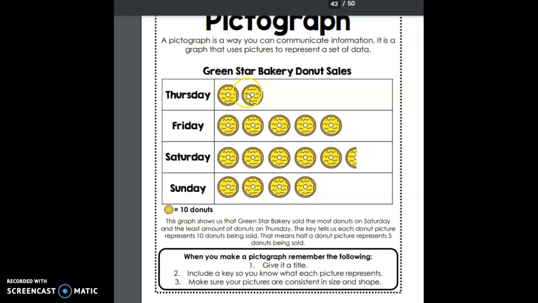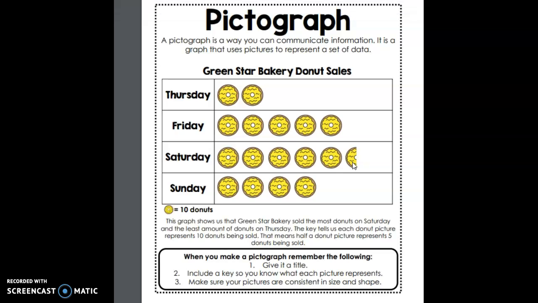They sold 20 donuts. On Friday, they sold 10, 20, 30, 40, 50 donuts. Saturday, 10, 20, 30, 40, 50, and then I have half a donut. What do you think half a donut is going to mean in this pictograph?